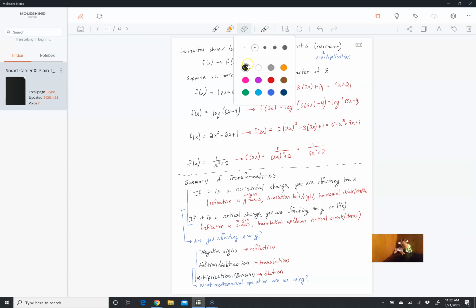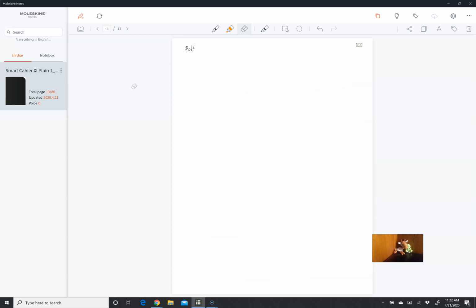Let's do multiple transformations on one function. So far, we've taken a function and we've only dilated it, or we've only translated it, or we've only reflected it, okay?